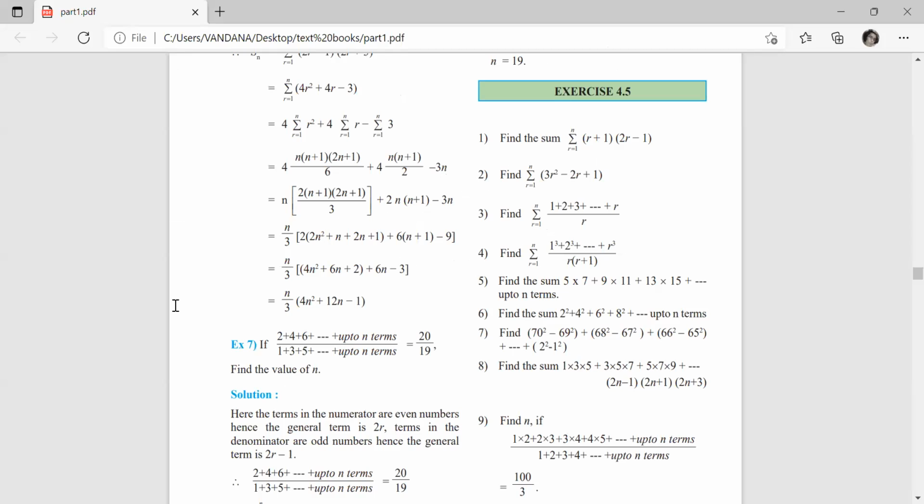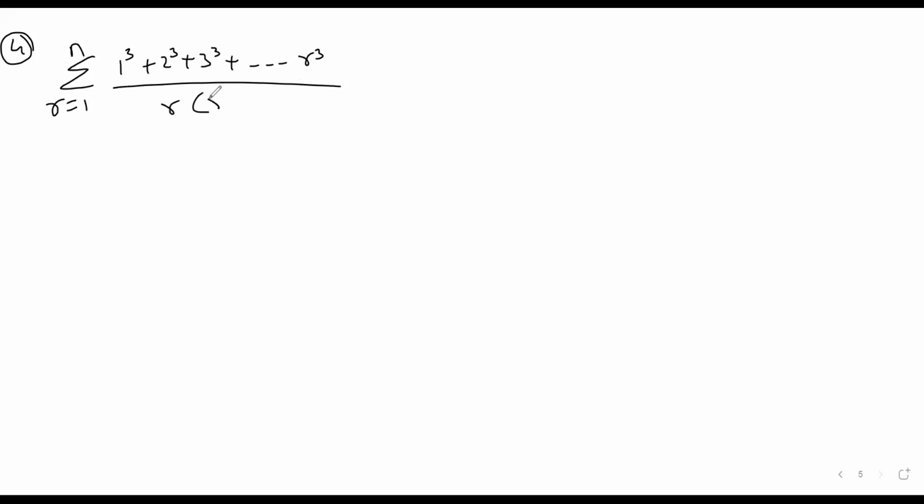Now question 4th. Summation r runs from 1 to n, 1 cube plus 2 cube plus 3 cube plus so on up to r cube whole thing upon r into r plus 1. This is summation r runs from 1 to n. This cube of first n natural number.